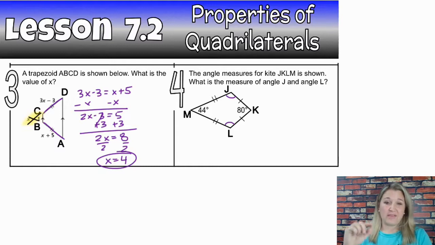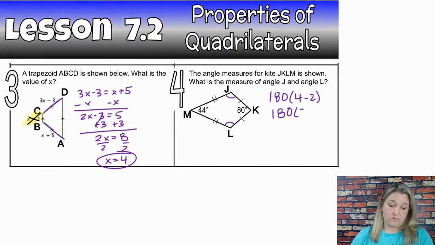So I have to go back to last lesson. I know the interior angles add up to be 180 times the number of sides minus 2. So that's 180 times 2, so that's 360. So I know that the interior angles all add up to be 360.